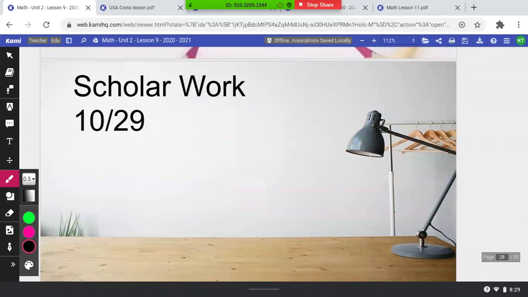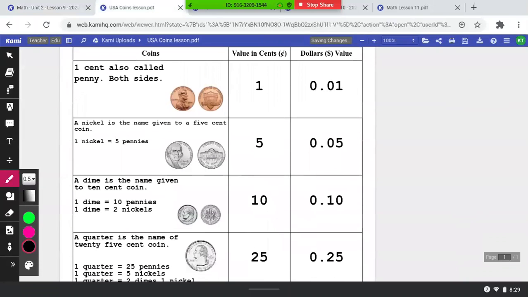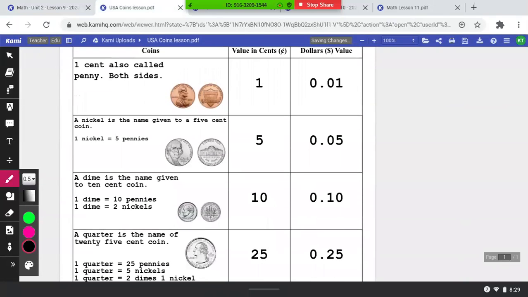All right. I have this great PDF pulled up. And this gives us a visual representation. This is just showing us the front and back of the coins, but let's pretend that it's just one, that way we don't get confused thinking, oh, 2 dimes.